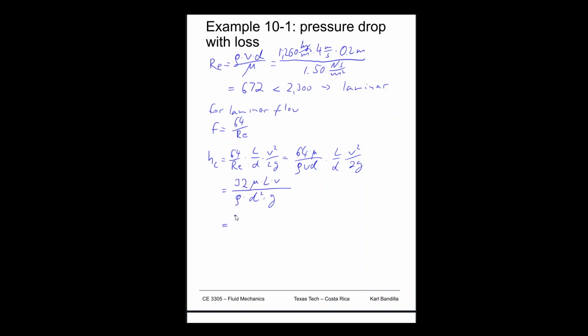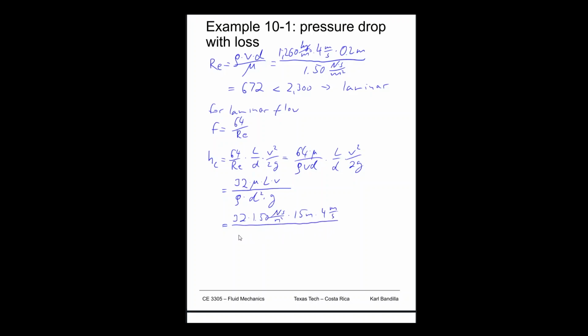So we'd have 32 times 1.50 Newton second per meter squared. Then we got the length, that was 15 meters. And the velocity was 4 meters per second.